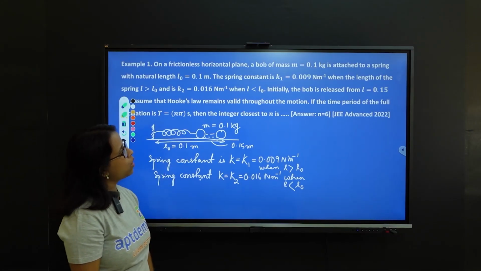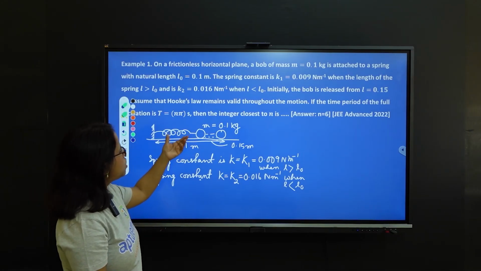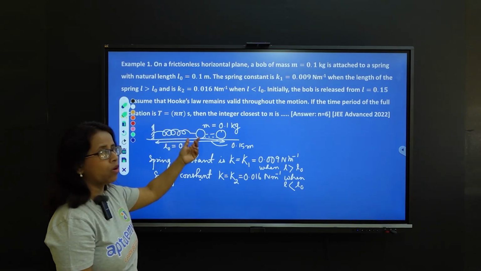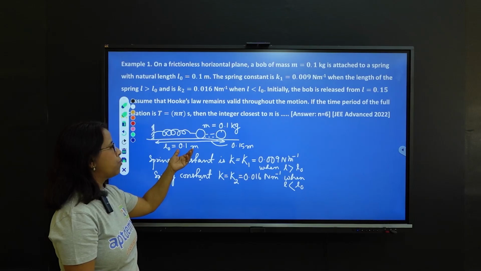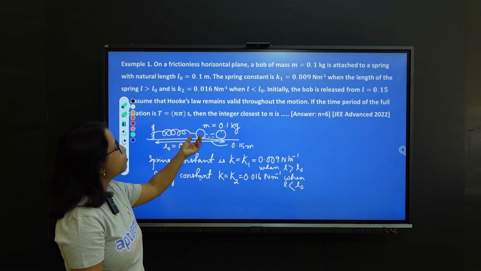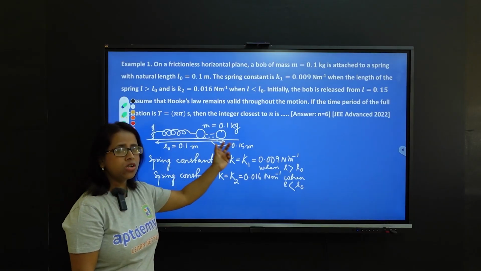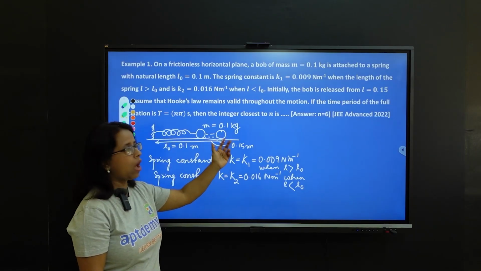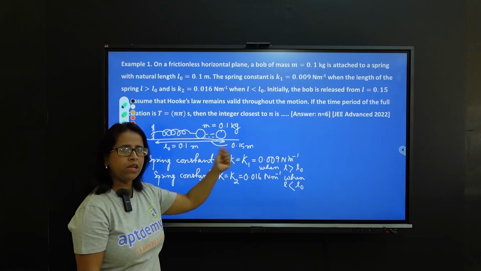So what we need to understand here is that initially the original length of the spring together with the bob tied to one of its ends was equal to 0.1 meter, but then the bob was pulled through an additional distance such that the total length now became 0.15 meter.